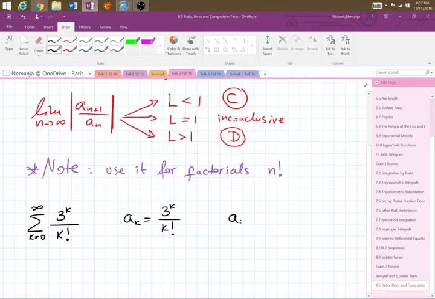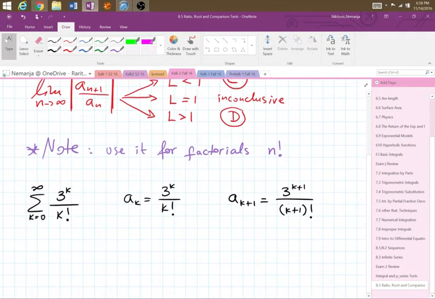And then we need a_(k+1), which is going to be 3 to the (k+1) over (k+1) factorial. So this is the setup for us. We set this up, and then we just put it into the limit and work out the algebra, and then eventually take the limit. So we're supposed to check the limit as k goes to infinity. Don't forget the absolute values.